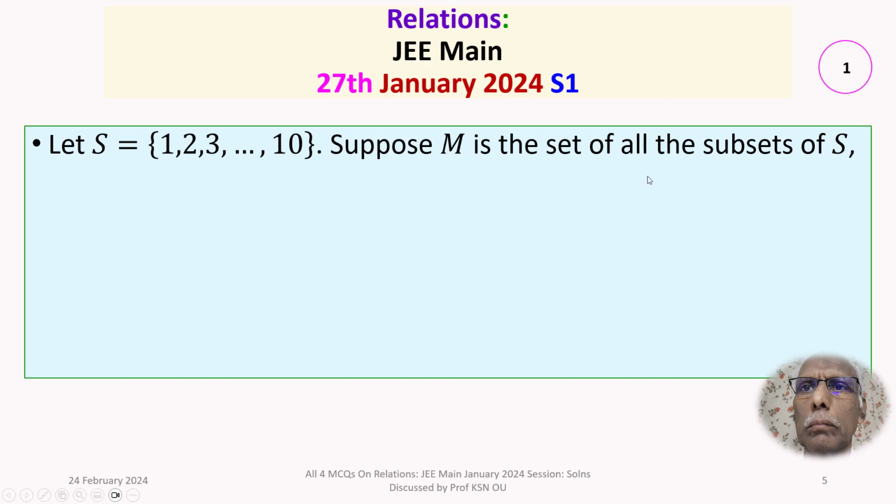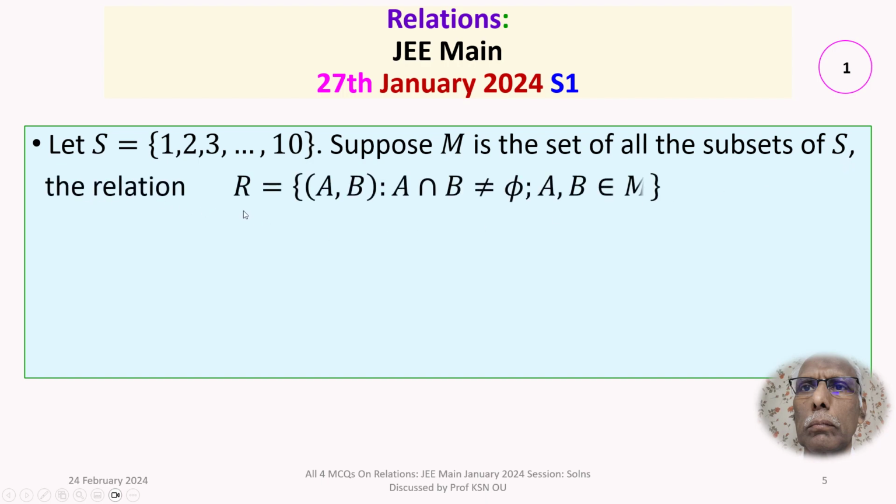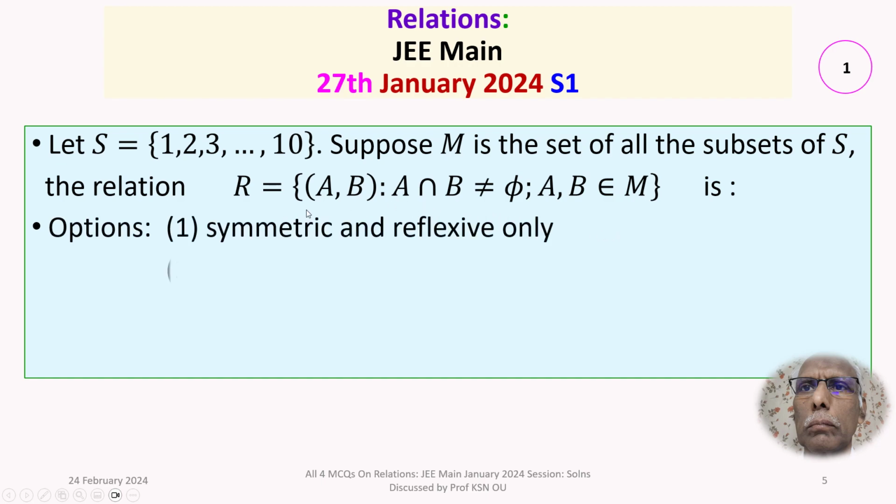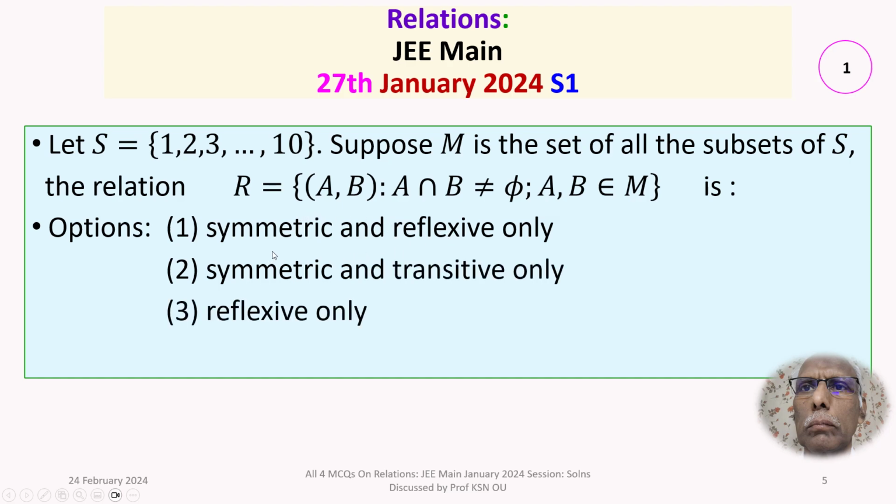Suppose M is the set of all subsets of S. The relation R is defined as the set consisting of ordered pairs (A, B), where A intersection B is not empty and A, B belong to M. We are given 4 options. The options talk about the reflexive, symmetric and transitive property of the relation R.